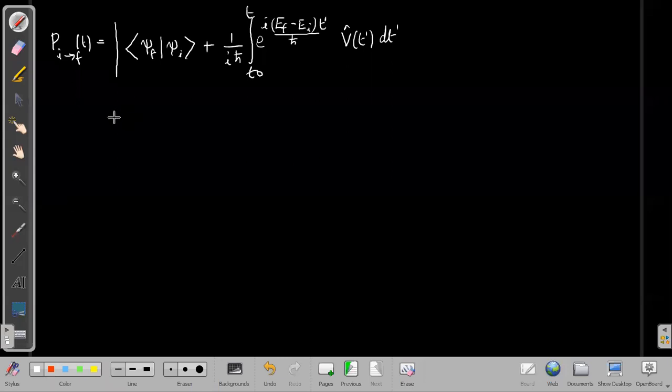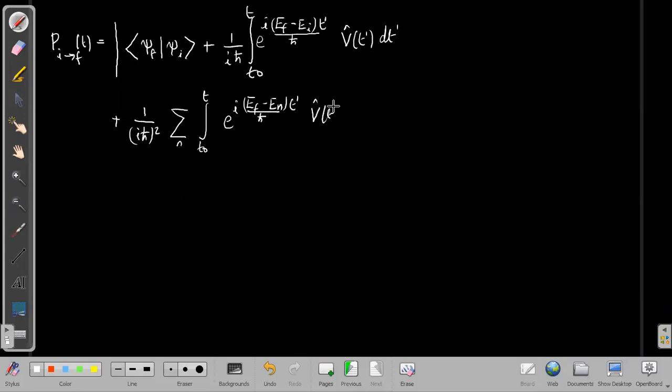And plus the next term, which is slightly bigger, that would be 1 by i h cross square, then there will be a sum over all possible states, sum over n, integral t0 to t, e raised to i (Ef minus En) by h cross into t prime. Okay, there should be t prime there.